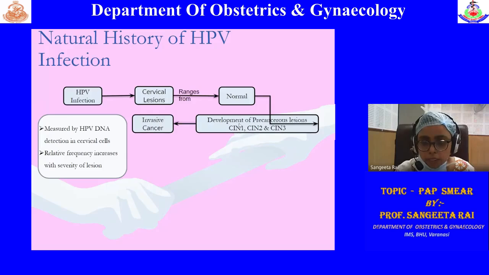Why is it called 1? If it involves just one third of the epithelium, not involving the basement membrane. CIN2 is up to two-thirds and CIN3 is the whole thickness, but they are not involving the basement membrane. If the basement membrane is involved and there is stromal invasion, then that is invasive cancer.